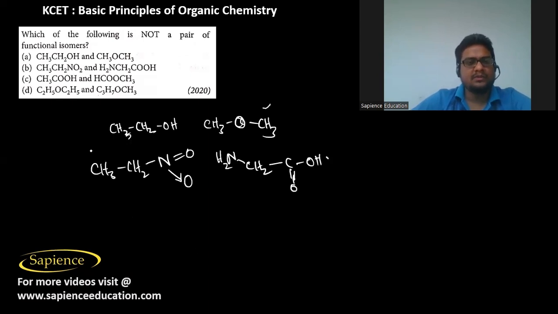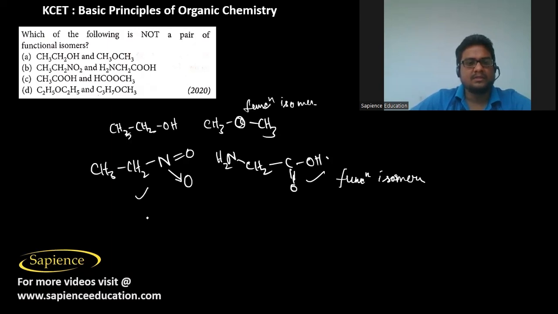And then CH3COOH and HCOOCH3. So these are also functional group isomers, since the functional groups have changed.